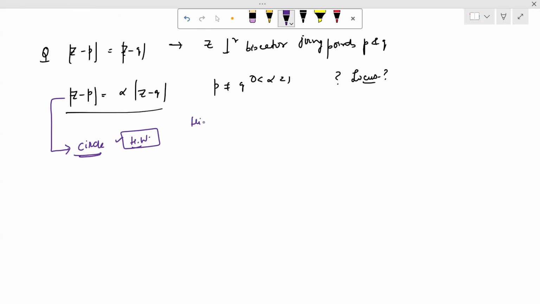I'm giving you a hint: just square both sides and try to solve. You'll be able to solve it, and this will be nothing but the equation of a circle. I hope it is clear.